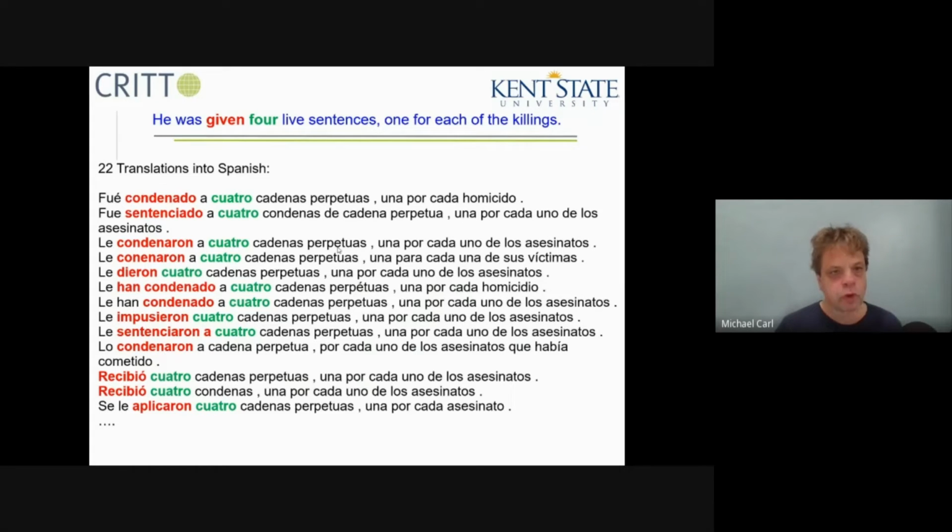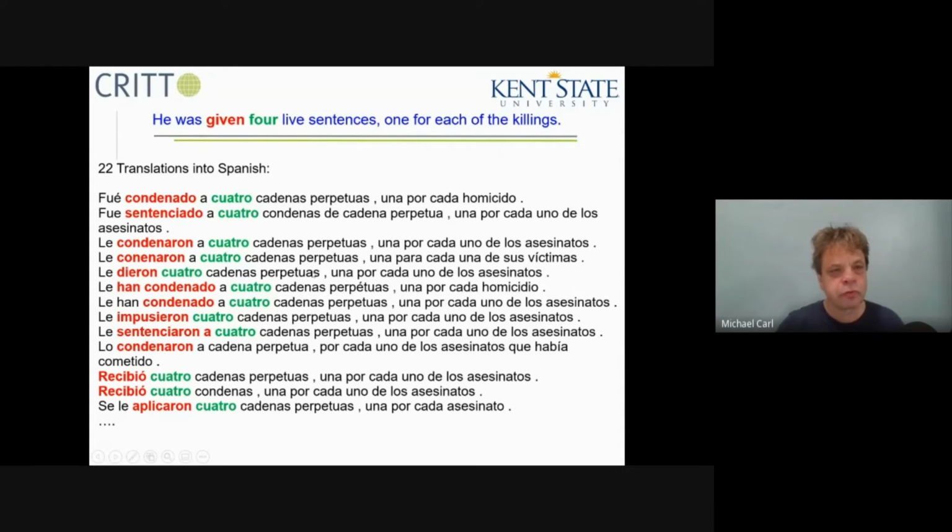But in some words, translators agree. Here they all agree to translate "four" into the same word, "cuatro", which is Spanish for four, right? So all 22 translators translate this "four" in the same way, whereas for other words, like "given" here, there are different solutions.